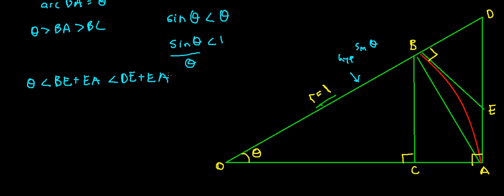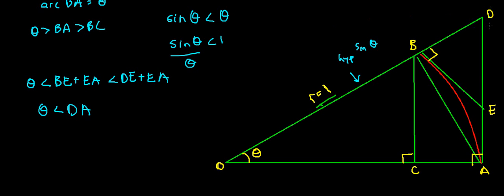And I can say that because this is a right angle right here. This is a tangent line, tangent to this circle at that point right there. So this is a 90-degree angle, and if this is a 90-degree angle, that makes DE the hypotenuse. So DE has to be greater than BE. Now, instead of saying DE plus EA, I'm just going to write this as DA. So theta is less than DA.